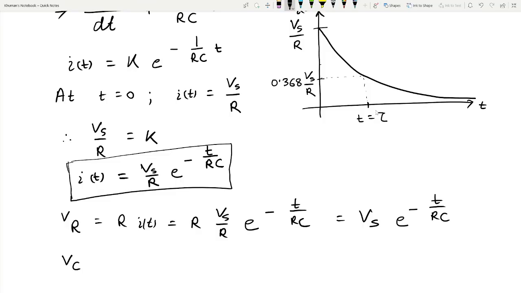Then VC, that is the voltage drop at the capacitor, is equal to 1 by C integration of i dt.